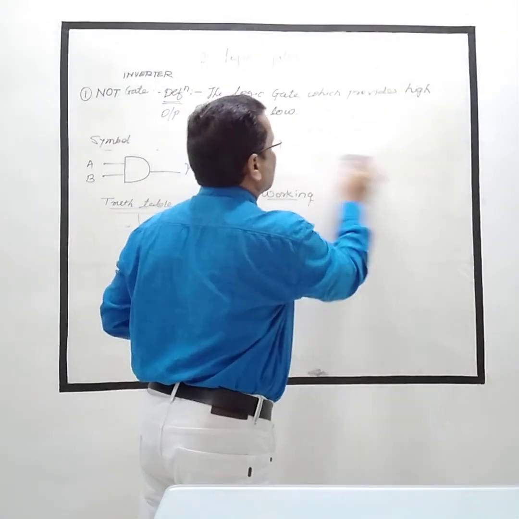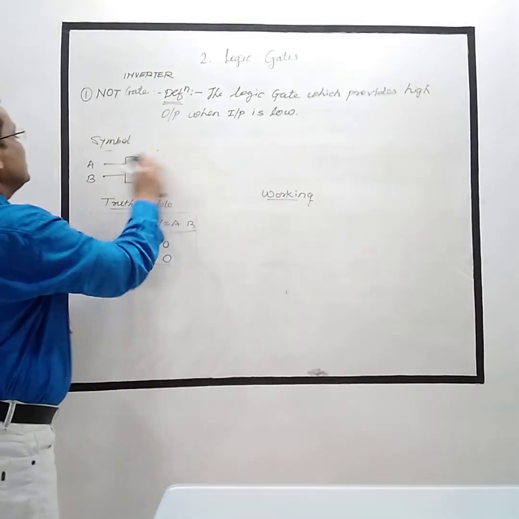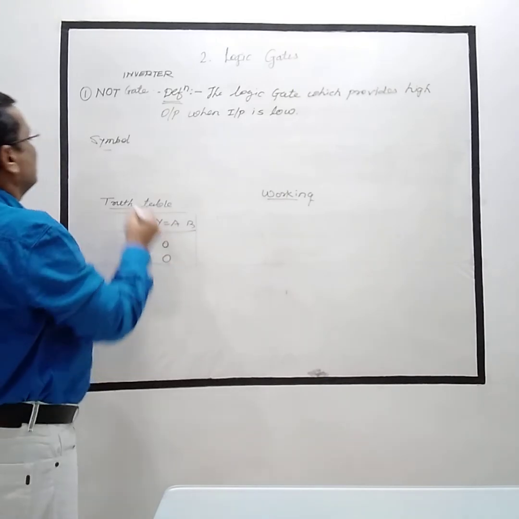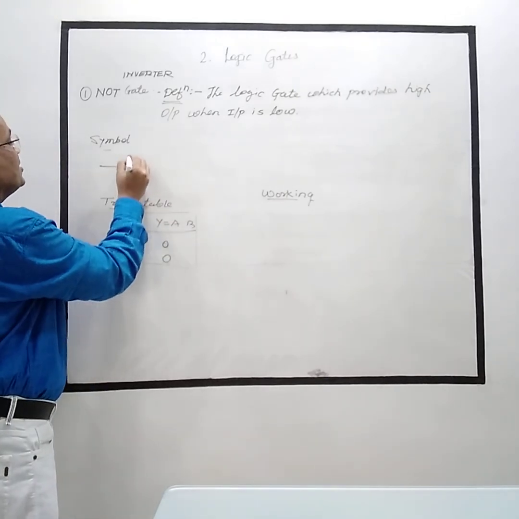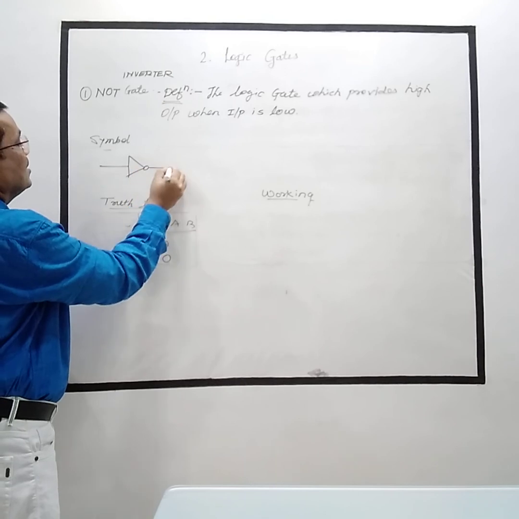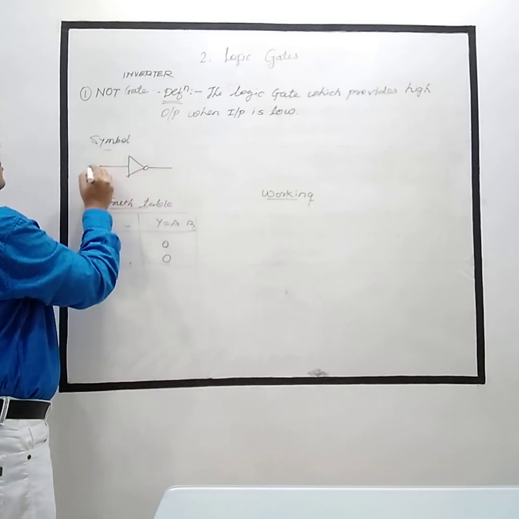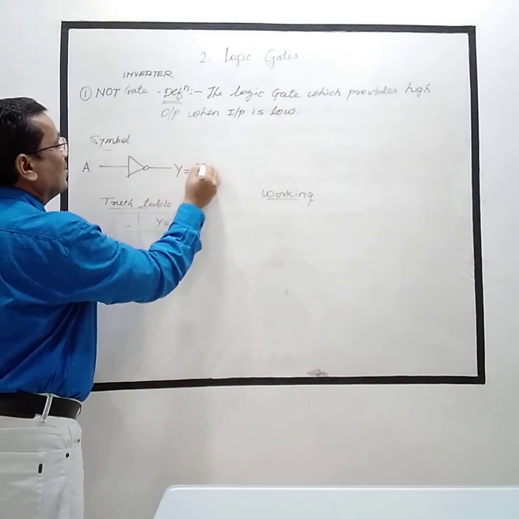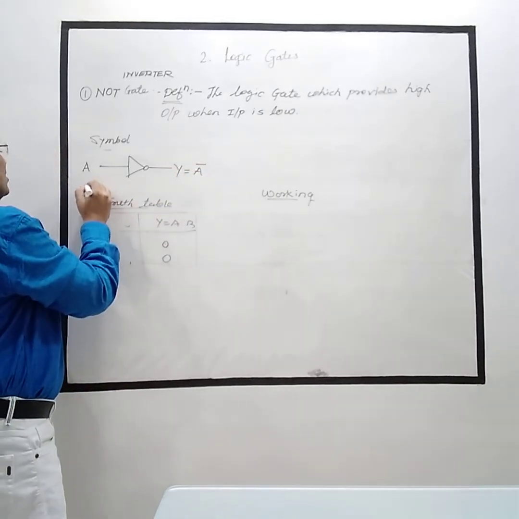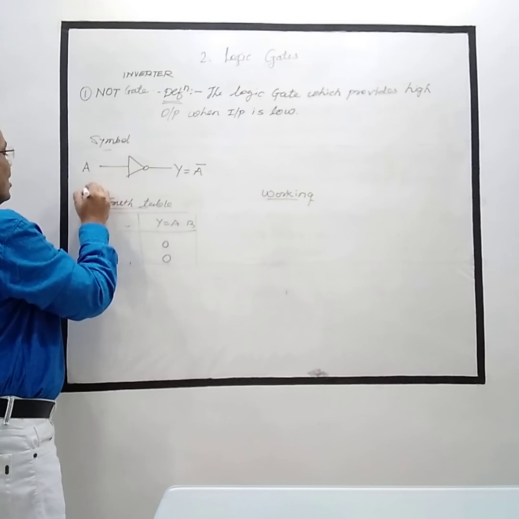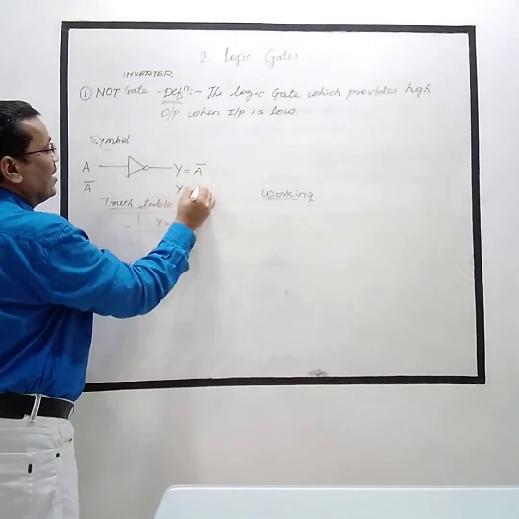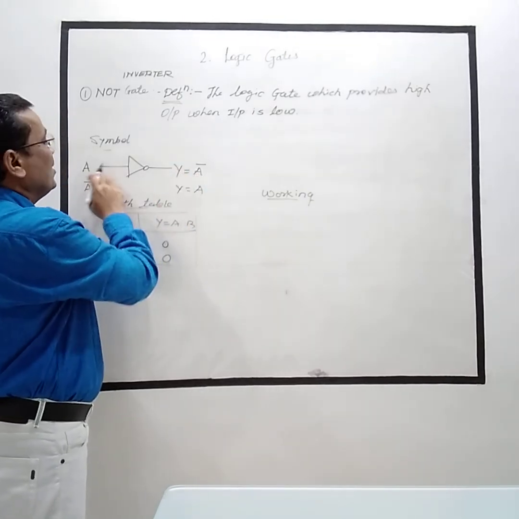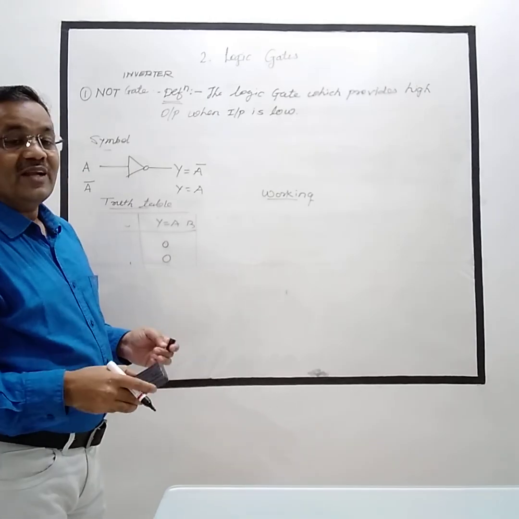Its Boolean equation is different, and its symbol is also different. The symbol of the NOT gate is just like this. This bubble stands for the inverter. Suppose its input is A, then its output is A bar. Suppose its input is A bar, then its output is A. So we get the exact inversion of the input at the output.